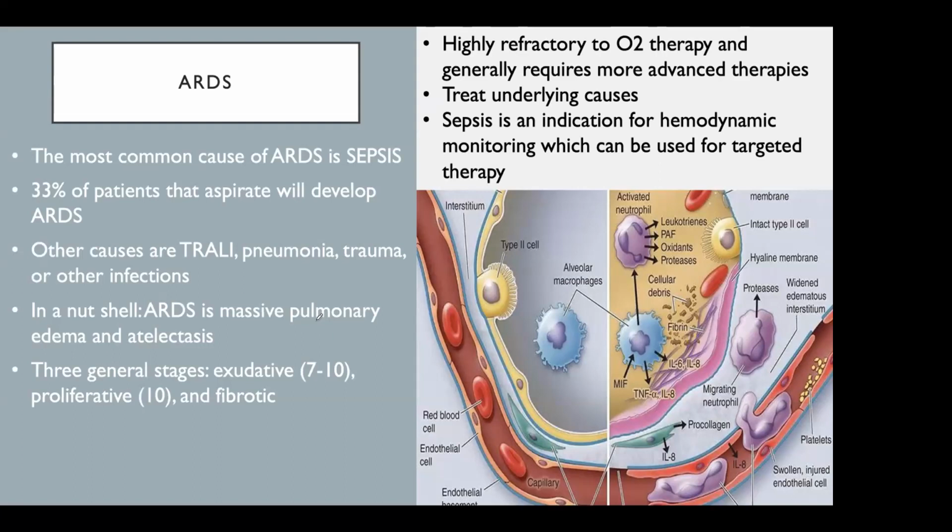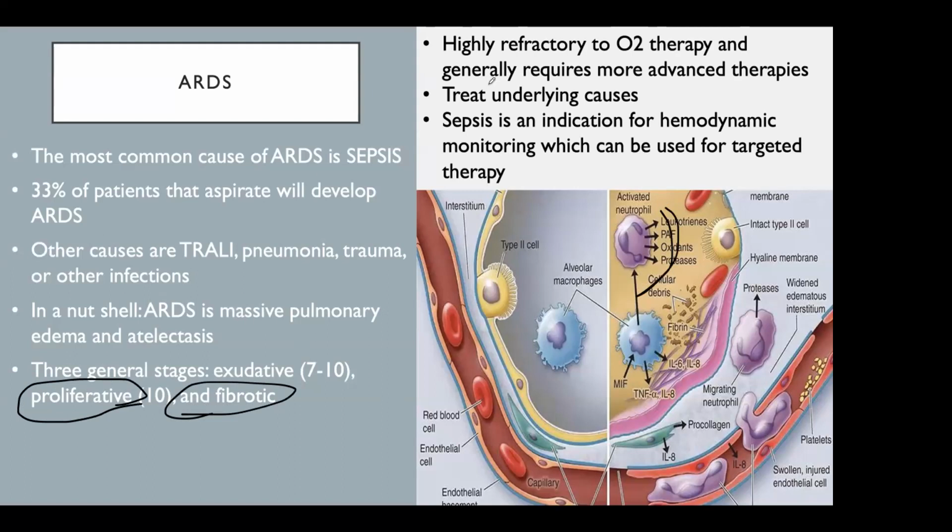So generally, in a nutshell, when we're looking at ARDS, it's just massive pulmonary edema and atelectasis, just diffuse, right? 3 general stages: exudative, which is essentially kind of what we're seeing here, right? We're having all this extra exudate in here. Proliferative as it moves through, and then fibrotic as it begins to heal.